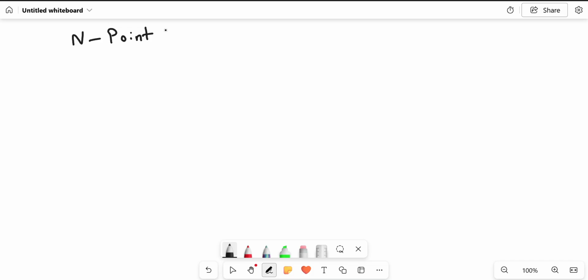So n-point DFT, n equal to 4 and n equal to 8, both will take the FFT algorithm.